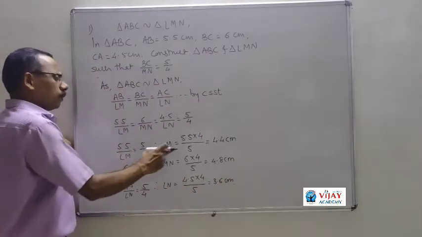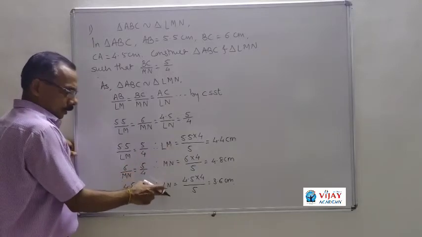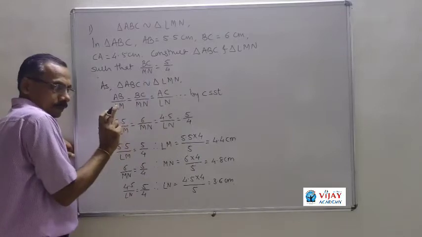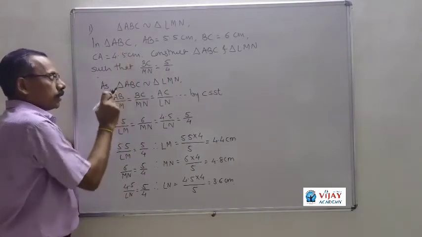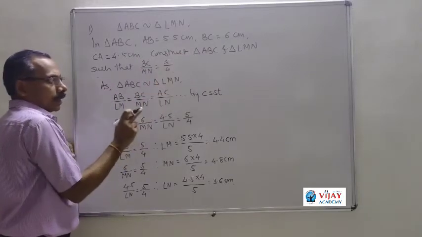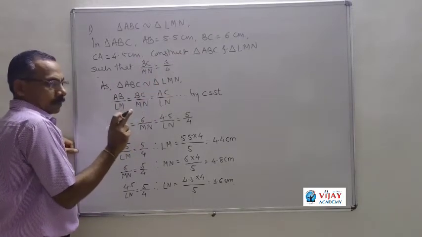As you have the values of LM, MN and LN, you can draw the triangles. You have to construct triangle ABC and triangle LMN separately.